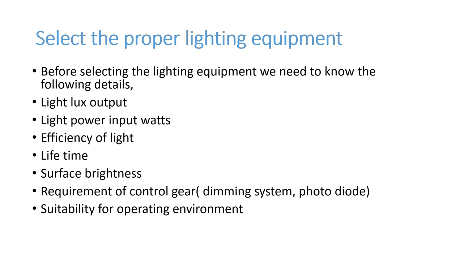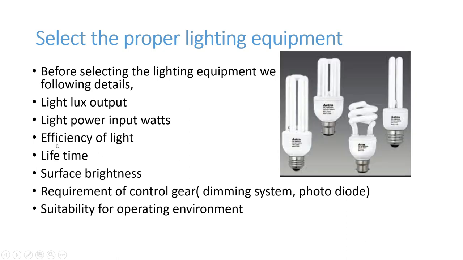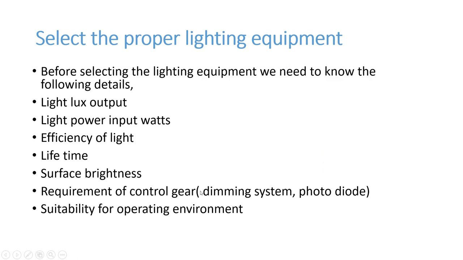Second, how much input electrical power that light consumes, the efficiency of that light, the lifetime of that light, the surface brightness, the correction factors, the requirement of control gear, whether a dimming system or a photodiode is required, and the suitability of the operating environment.